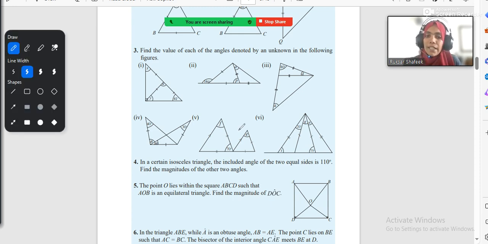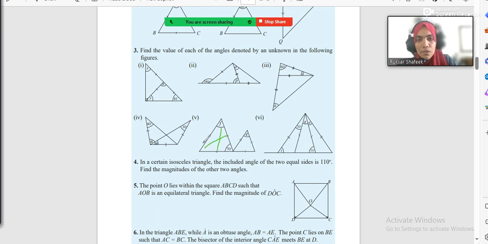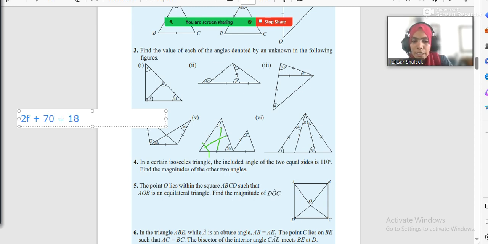So if I say that these two sides are equal, I can say that these sides opposite. If this is F, this is also going to be an F there because that's the opposite angle to this particular side. So if this is 70, all right, so F plus F plus 70 is equal to 180. So 2F plus 70 equals 180.